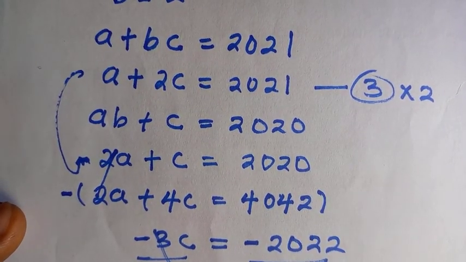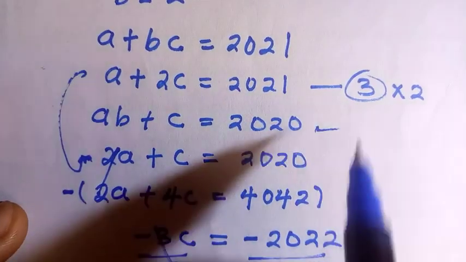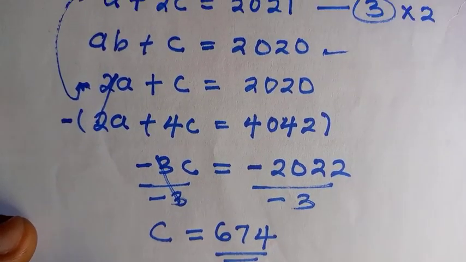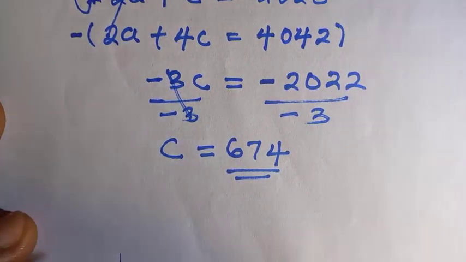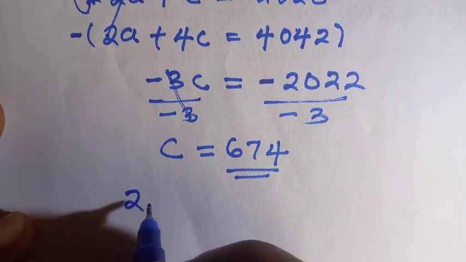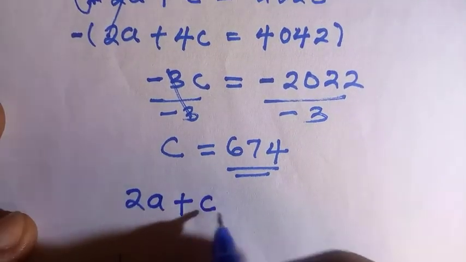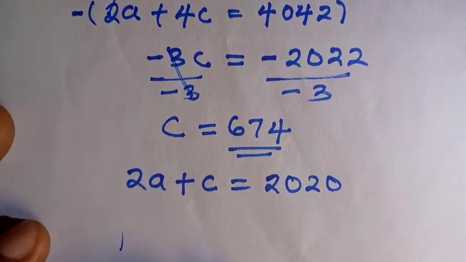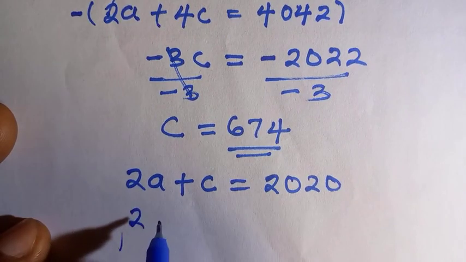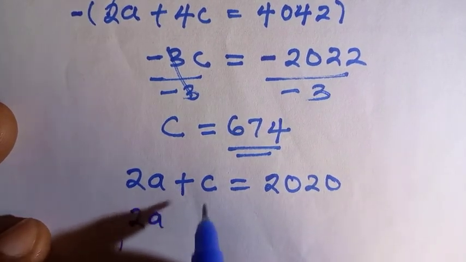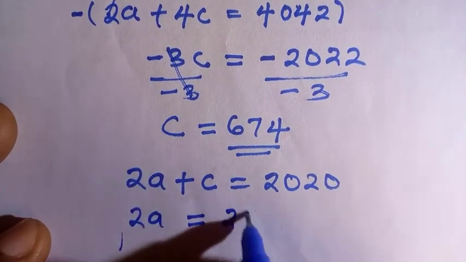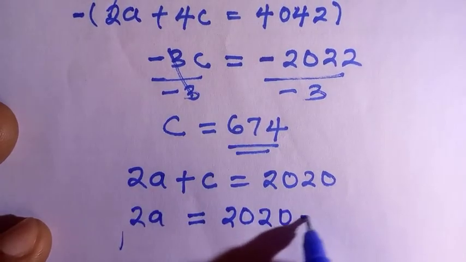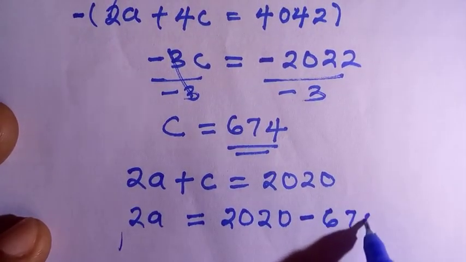And let's see how to get the value of a. You can consider any of these equations, but I'm going to consider the one with 2020, 2a plus c equals 2020. And the value of c has been gotten, which is 674. Then we have 2a, so we transfer it to the other side: 2020 minus 674.